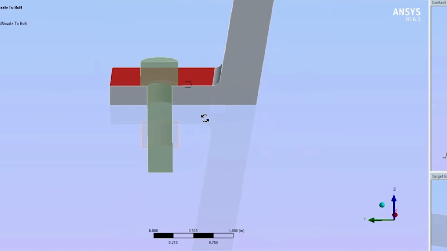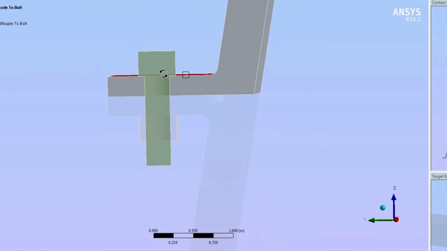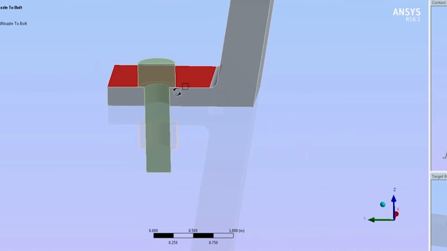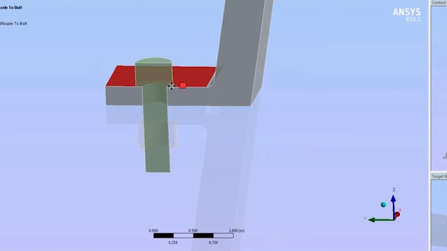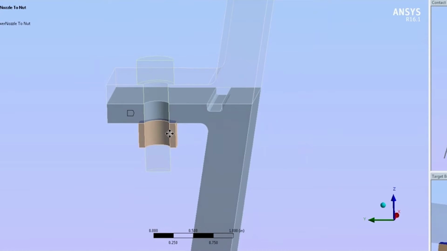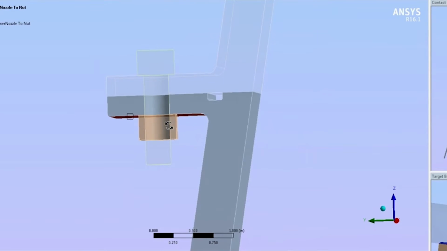With the frictionless between the underside of the bolt and then the flange, one could do this bonded because there's enough friction to keep it in place. However, in reality, when one is putting on the bolt, there is a little bit of sliding here and there, so that's incorporated. In addition, between the nut and the lower flange, there is some sliding allowed.